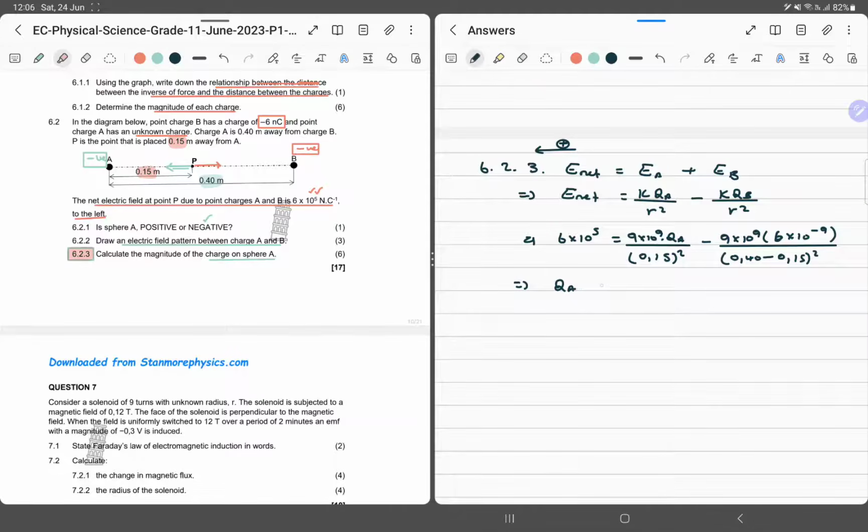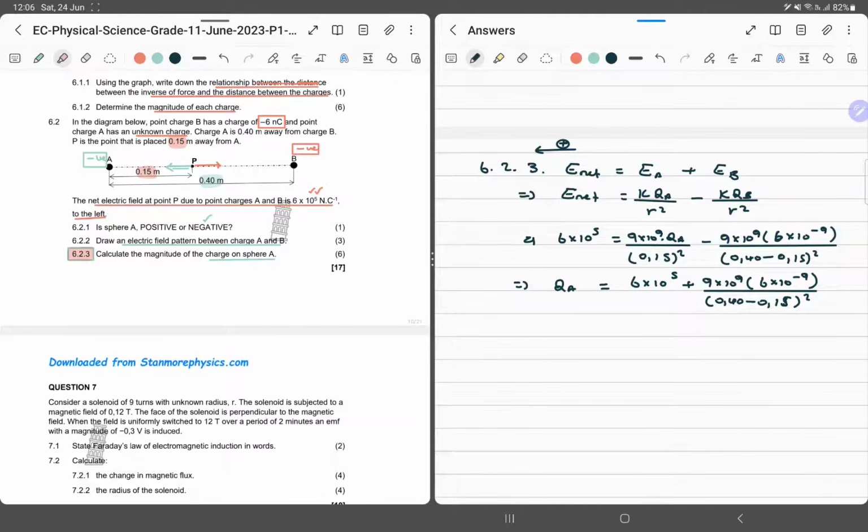So this implies that QA is going to be equal to 6 times 10 to the 5 plus 9 times 10 to the 9 into 6 times 10 to the minus 9, all of that over 0.40 minus 0.15 squared.